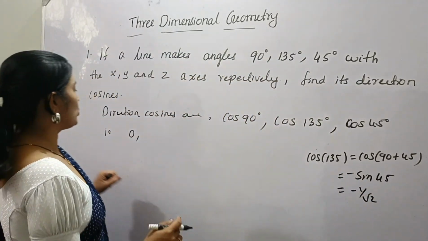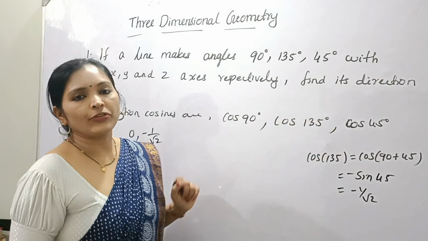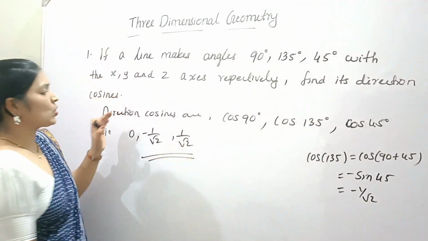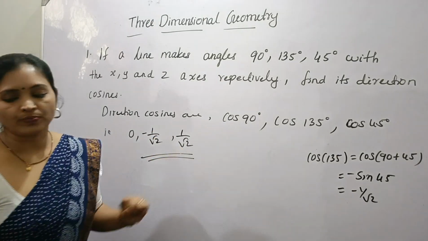Sine 45 is 1 by root 2. And cos 45 is 1 by root 2. Therefore direction cosines are 0, minus 1 by root 2, 1 by root 2.